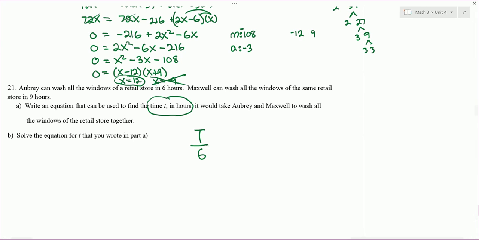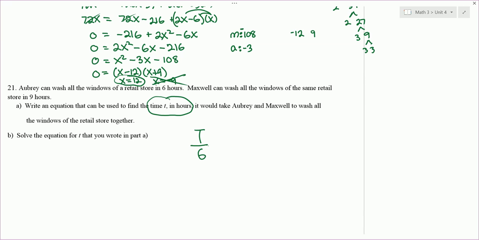So for example, if she's worked 1 hour, plug in 1 for T, and she's completed 1/6 of the job. If she's worked 3 hours, plug in 3 for T, and she's worked 3 over 6. So 3 over 6 is half. She's completed half her job. If she works 6 hours, she's completed the whole job. And so 1 represents the whole job. If you think of it as a percent, 1 is 100%.